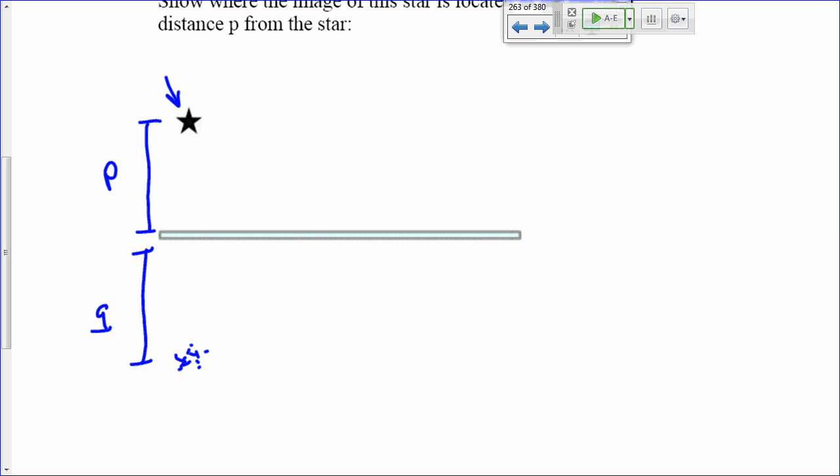And so this is called ray tracing. It's not terribly difficult with flat mirrors. It's pretty simple. But we'll do a similar thing with curved mirrors and with spherical lenses and mirrors. So you draw one ray that originates from the object. Doesn't really matter where you draw it, but when you draw it such that it follows the law of reflection.